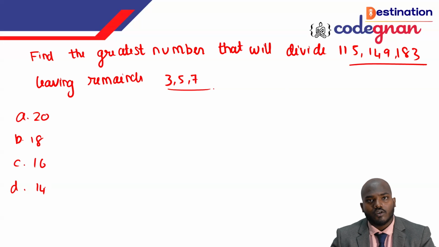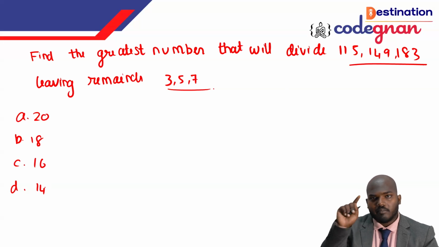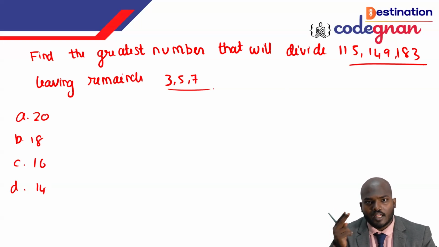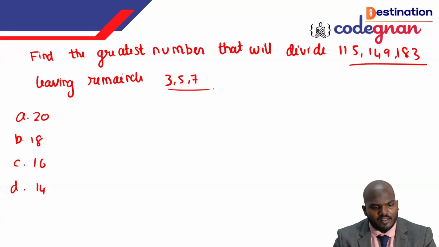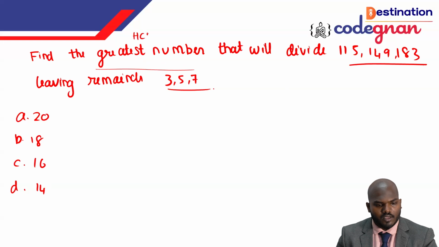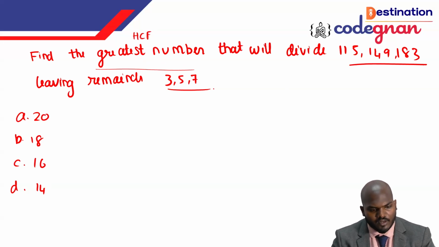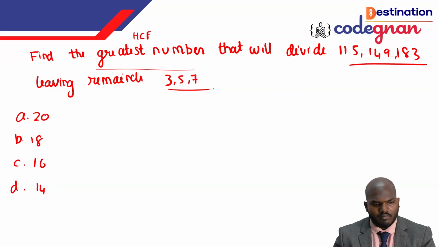Read out the question for just 10 seconds. Find the greatest number. Greatest number means, you need to know guys, here we're going to use the HCF concept. The greatest number that will divide the numbers, you're going to find some common number that is going to divide all the numbers and leave the remainders like this.